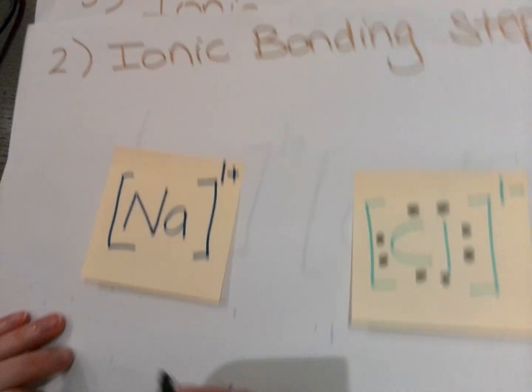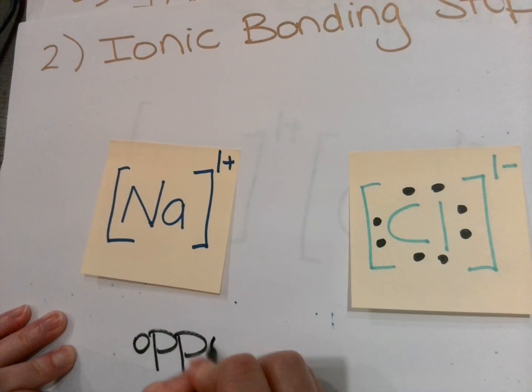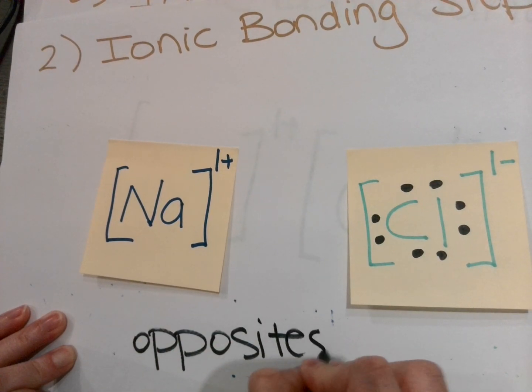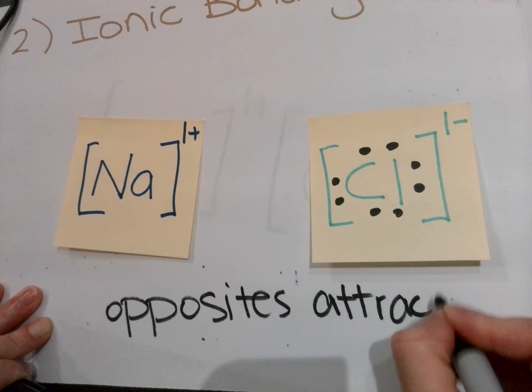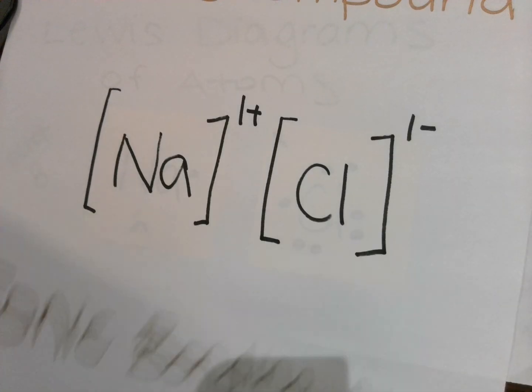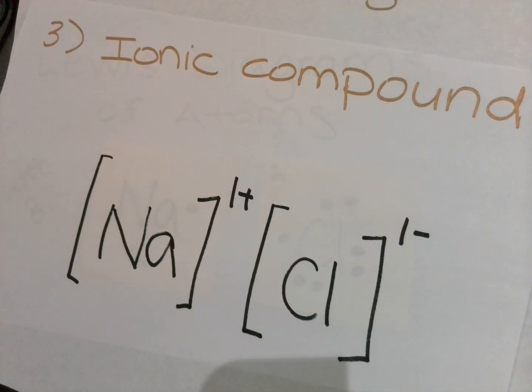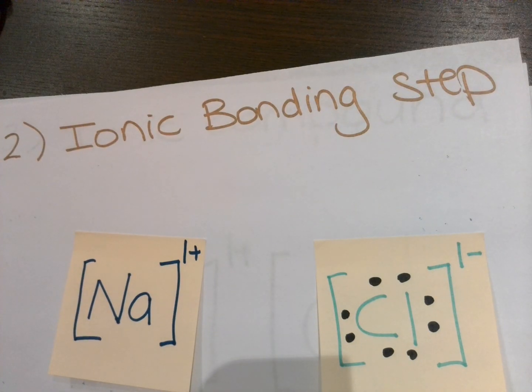And then opposites attract. And now they're together, and we have this compound sodium chloride. Okay, so that would be it for ionic bonding.